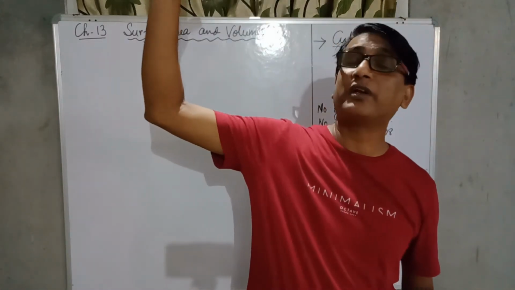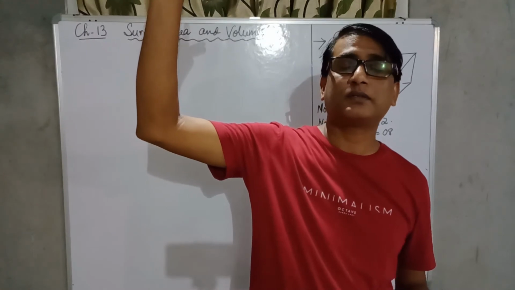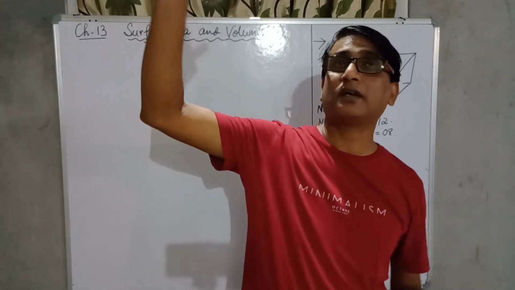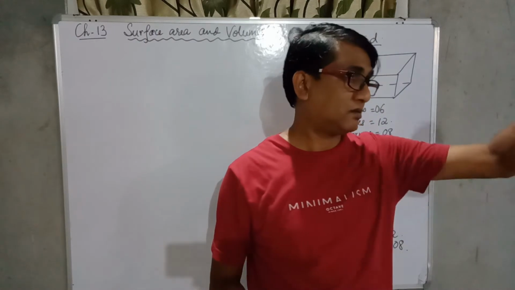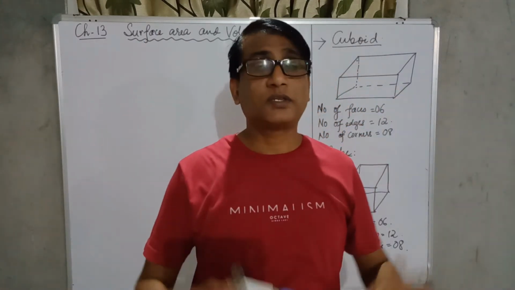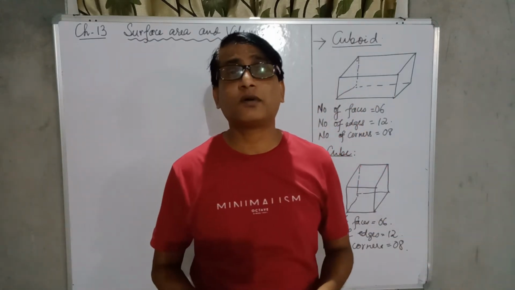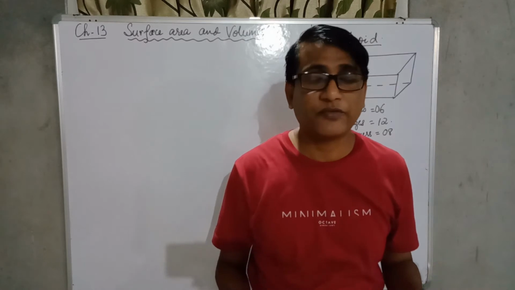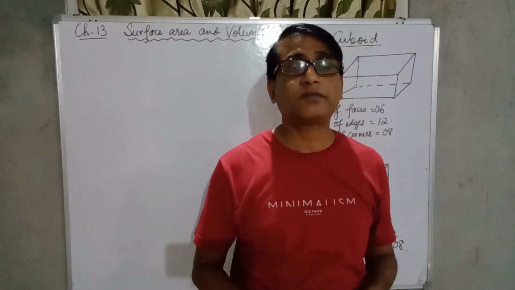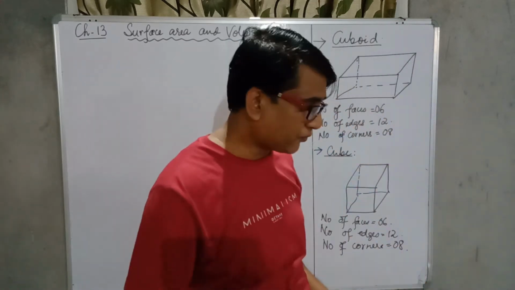The line joining the faces or surfaces is known as an edge. How many edges are there? 12 edges are there. How many corners are there? 8 corners are there. So this physical concept also should be clear to us before going into the depth of this chapter. Okay. So this is known as a cuboid.